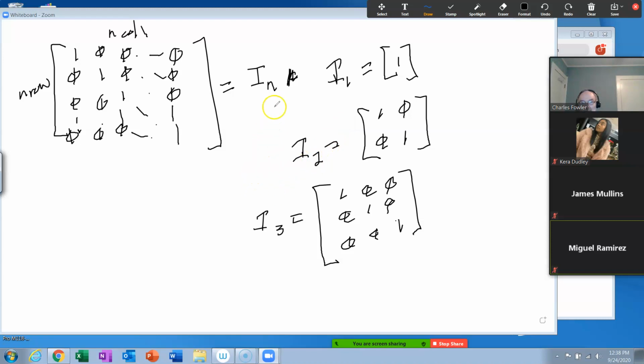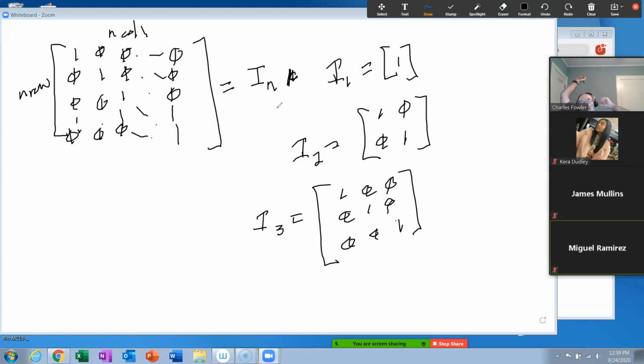So I sub n means identity, and they call it I for the term identity. Now you might say, why? Well, a little bit of the reason: what is the multiplicative identity element in numbers? It's the number 1.